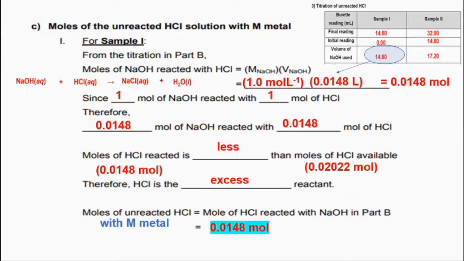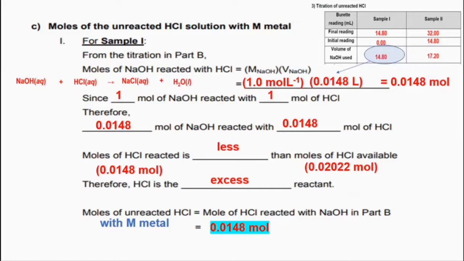Just to make it clear, it's like this. Remember HCl reacted with M to produce MCl2 and hydrogen gas. But in this case, not all HCl reacted with M. So there would be excess HCl, and what you guys did was titrate this excess HCl with sodium hydroxide.